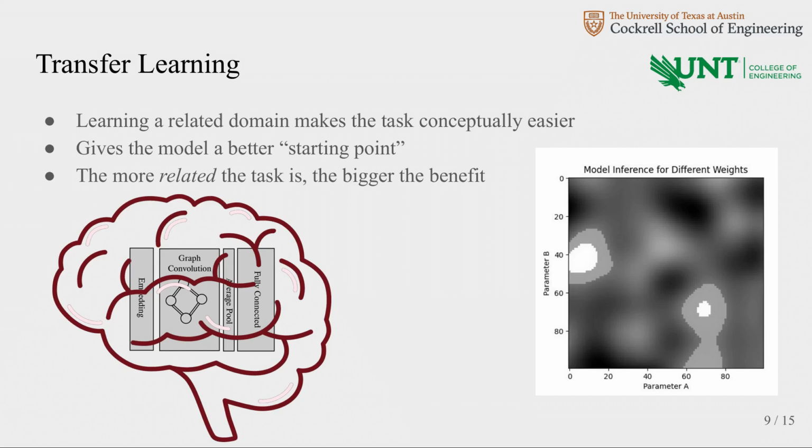This is where transfer learning comes into play, which is what I was mentioning before. If we can teach this model something conceptually similar before we teach them the main thing, then it's going to make it easier for them to learn that main thing. The way we can visualize this on the right, let's say that we have a 2-parameter deep learning model. The white areas represent low-cost sections of the deep learning graph. So we want our model to find the parameters which lead to low costs.